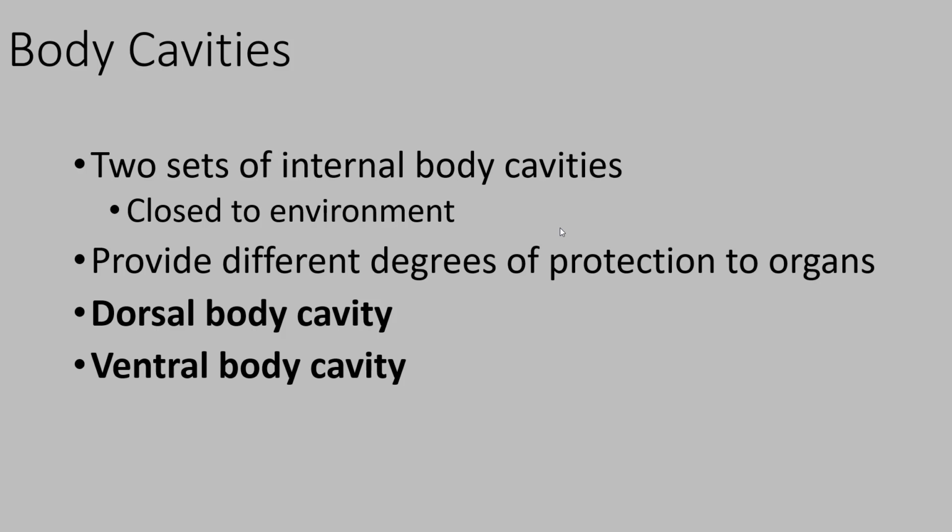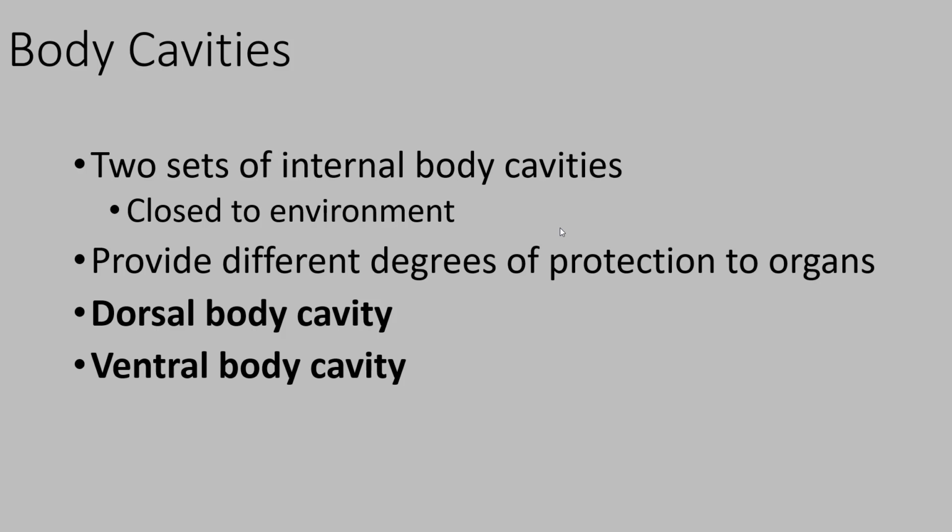So in these body cavities, there is no exposure to the outside environment. They provide protection, but based on which of the two we're talking about, they provide different degrees of protection to those organs.